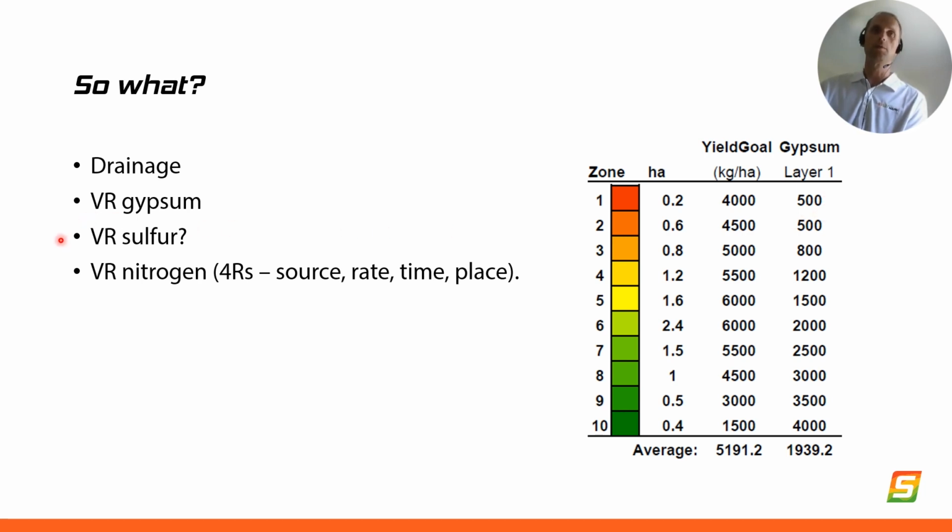Kind of talked about variable rate sulfur, but again, depending on the crop, if we're spreading some sulfate of ammonia or something, pretty strong case for variable rate there too. And with something that's this variable, and yield expectations as variable as they probably are in one like this, there's a good strong case for variable rate nitrogen.